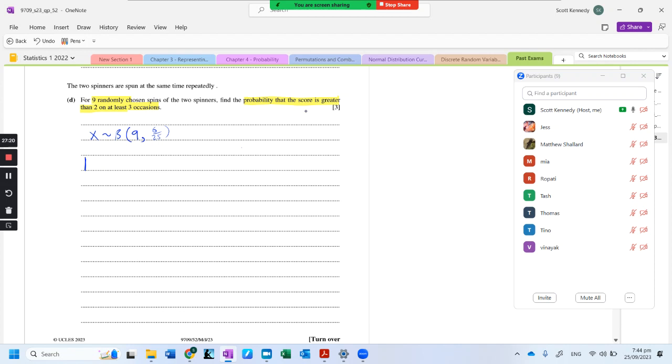So, finding it greater than 2, but instead of doing 3, 4, 5, 6, 7, 8, 9 occasions, we're going to do 0, 1, and 2 occasions and subtract that from 1. Is that what you were meaning? Yeah, okay. So we're going to go like that. So do you want to do that for me then, Vinay? What am I going to have in my bracket?